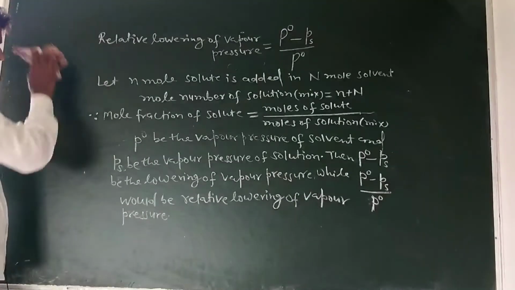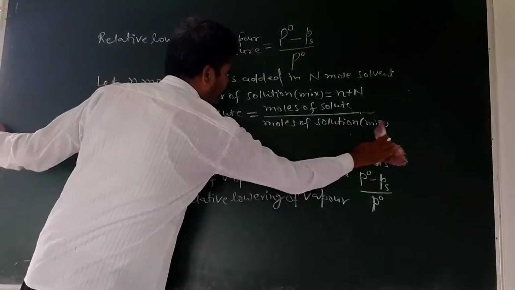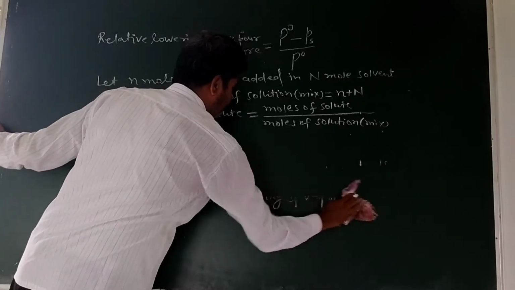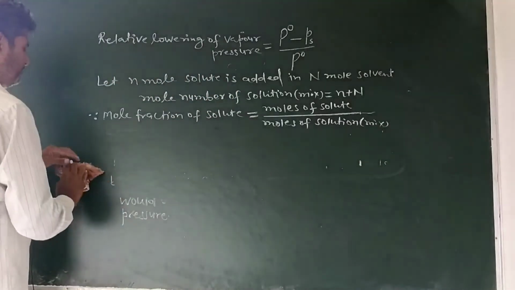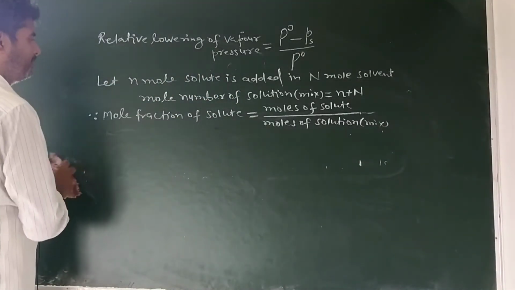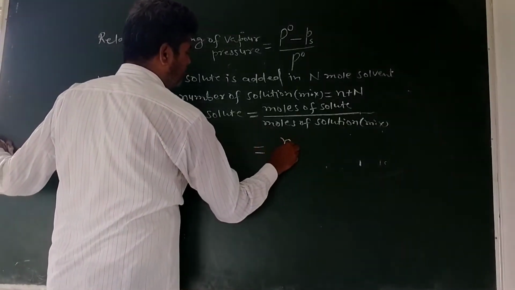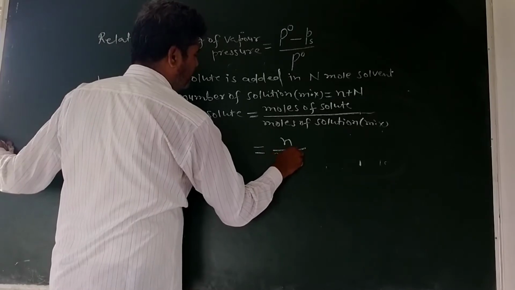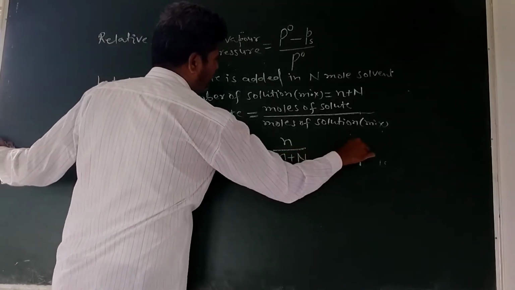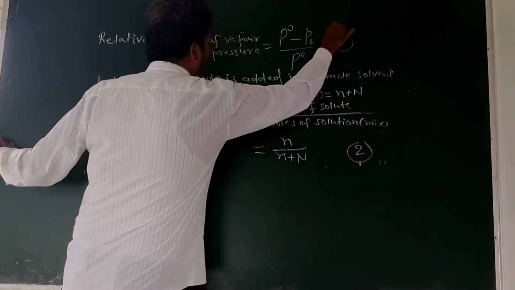Thus, it will be equal to small n upon small n plus capital N. This is equation number 2, and the earlier one is equation number 1.